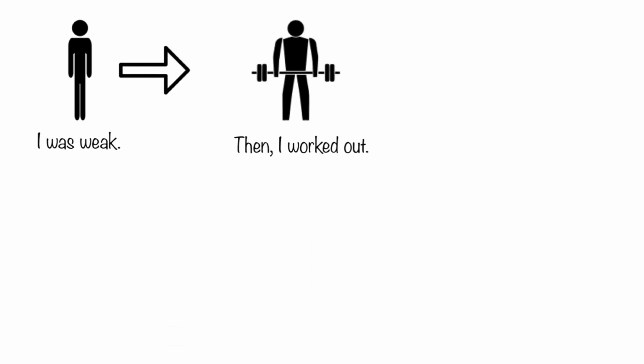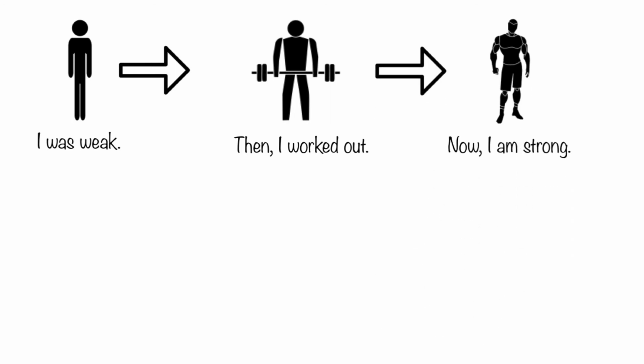Then I worked out. And now I am strong. So we could say I worked out, I became strong. But this is a little awkward and unnatural. It's also too simple to get a high score for grammar in IELTS.